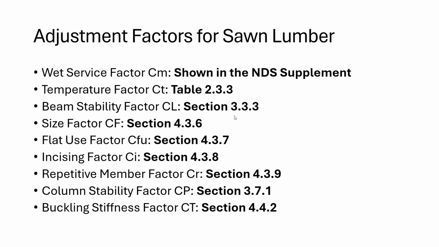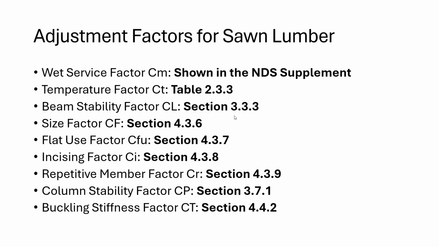So the beam stability factor, this is in section 3.3.3 of the supplement or the specification. This is a flexure design property. Obviously, if we're designing beams, flexure is most of the time going to be controlling.